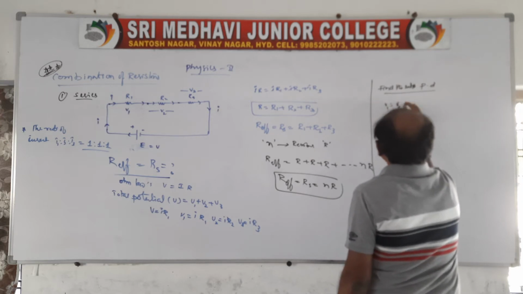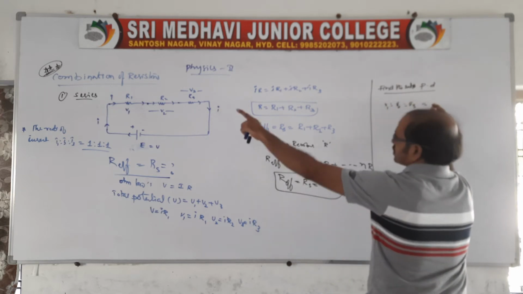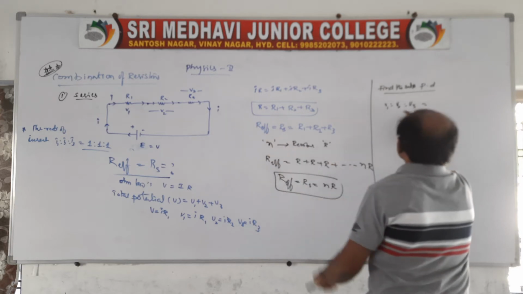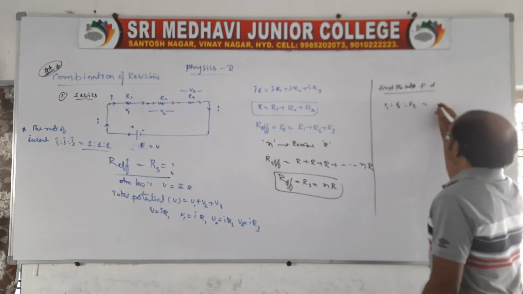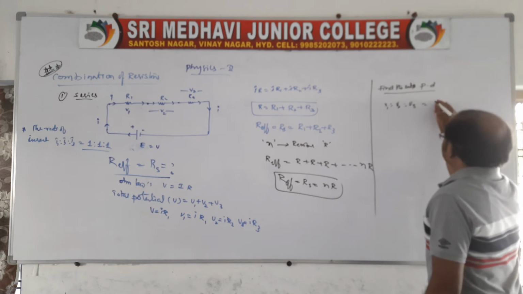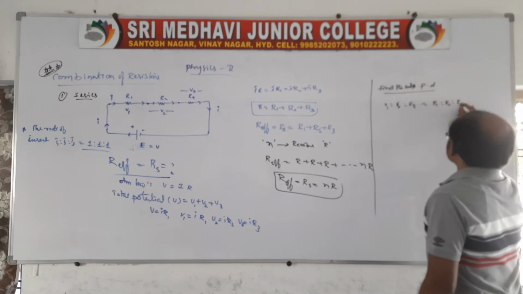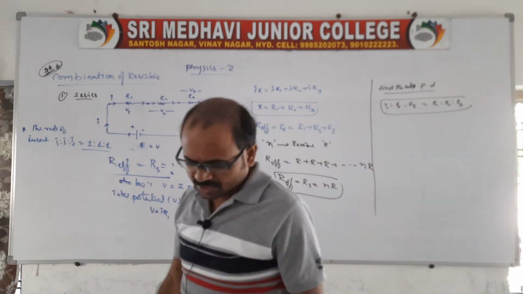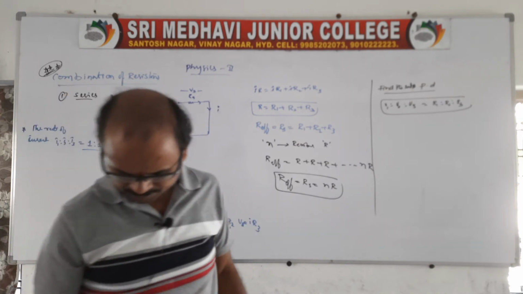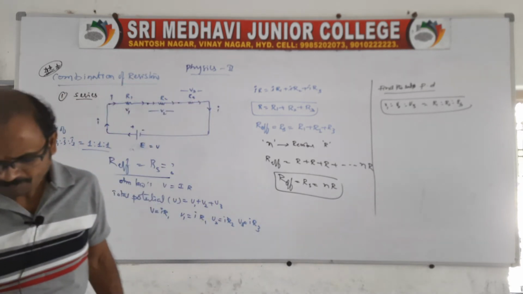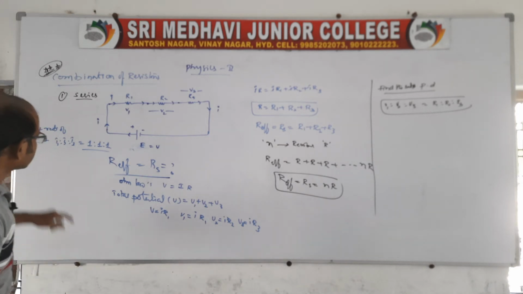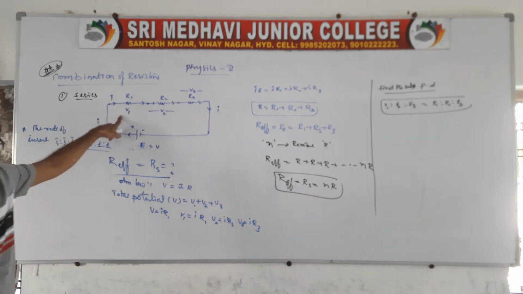V1 is to V2 is to V3 is equal to R1 is to R2 is to R3, because the potential difference is different for different resistors. So that is the ratio of potential differences in the case of a series combination.